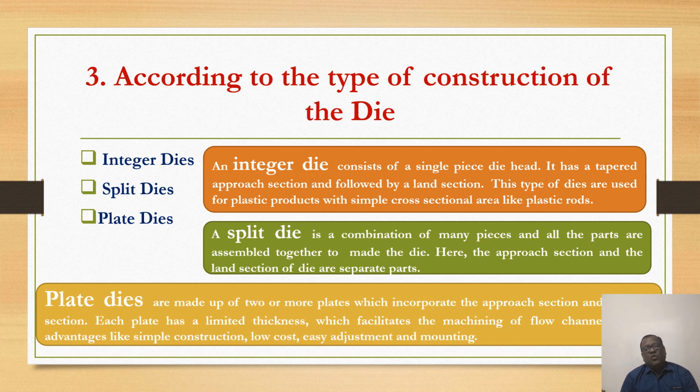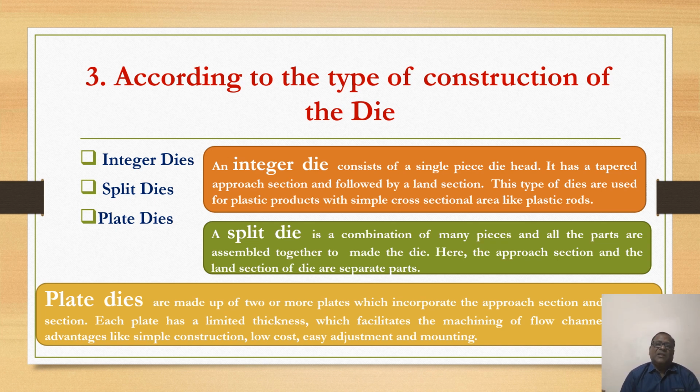Even your approach section, which I was telling you in case of a split die is a single piece, here in case of a plate die, the approach section itself will consist of so many plates, and you assemble all those plates, and they will create the approach section.